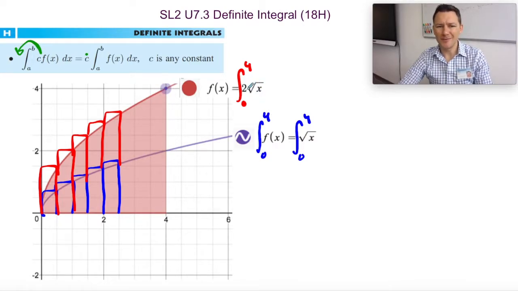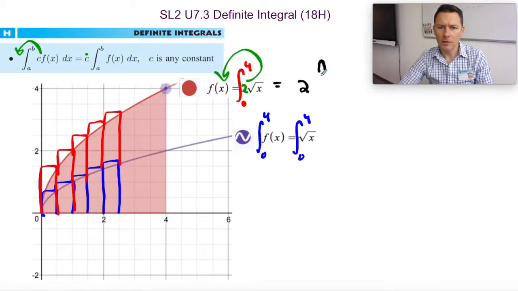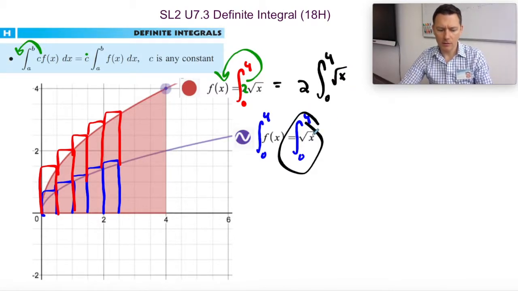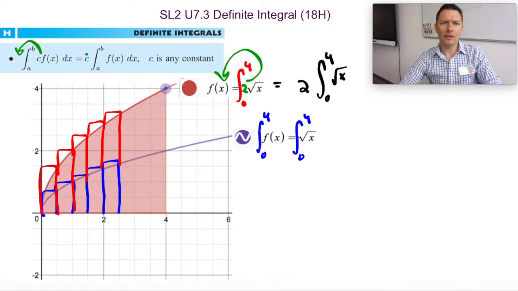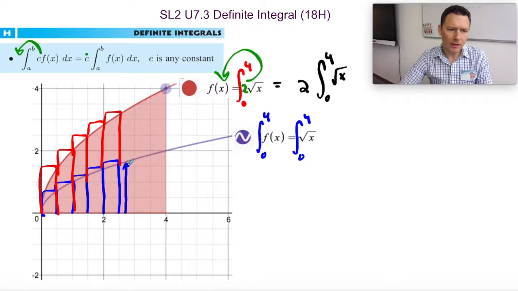So instead of integrating this inside, you take the 2 and you pull it outside, right? And it makes a nicer integration for us. So this is really 2 times the integral of the root x. It's 2 times this one, right? We get the area by multiplying the height of the boxes, right, by the base, and our height has doubled.